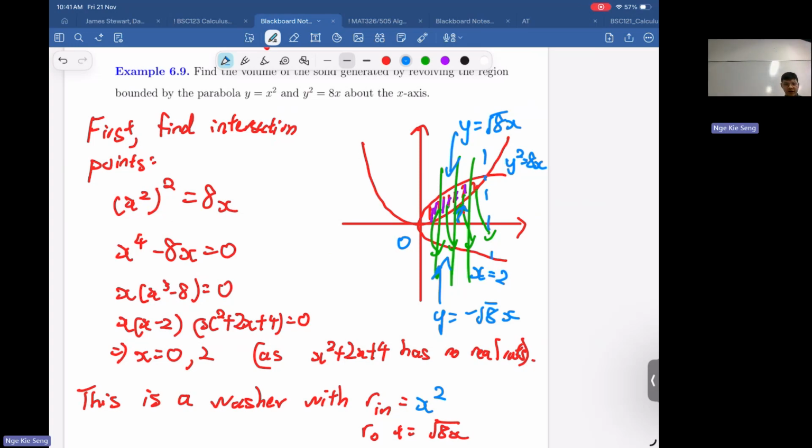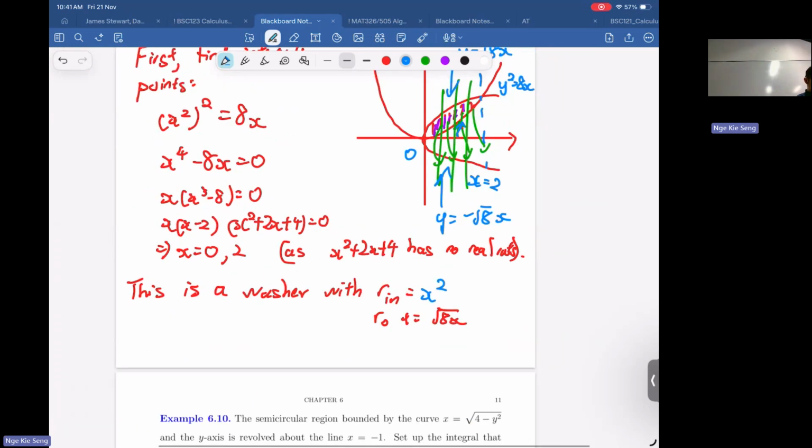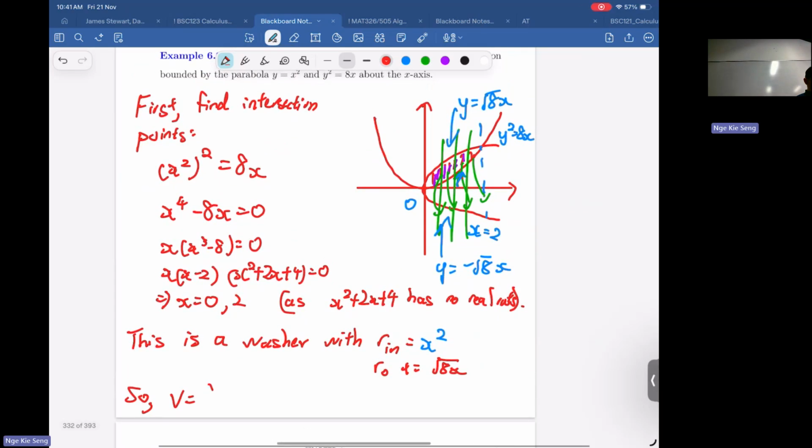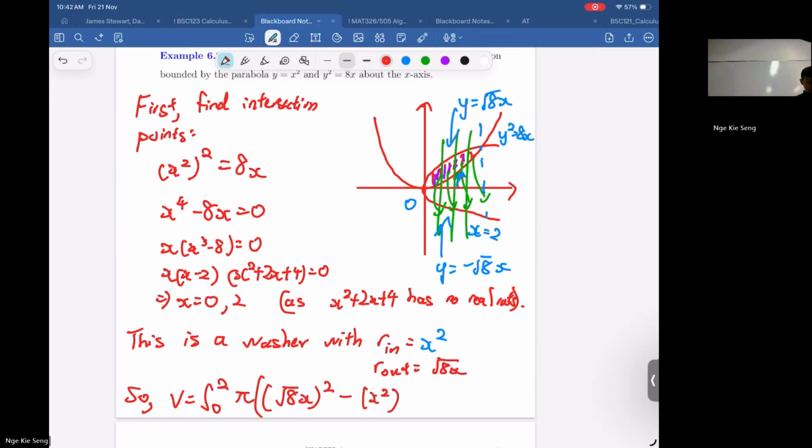Okay, so then the calculation will become: the volume is integrating from 0 to 2 in the x direction, pi of R out squared minus R in squared.